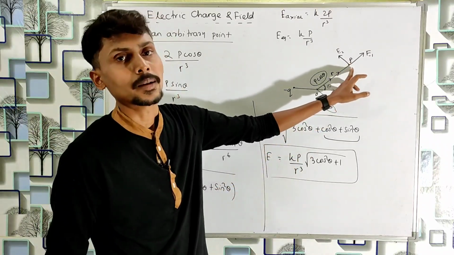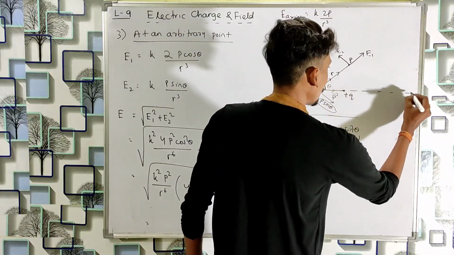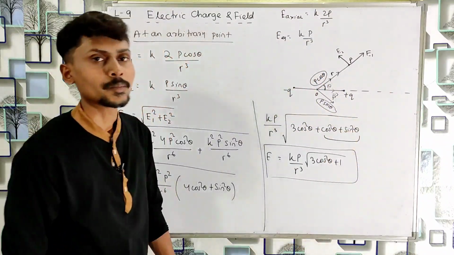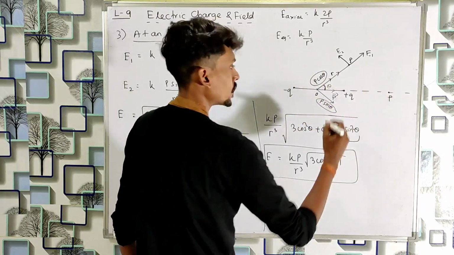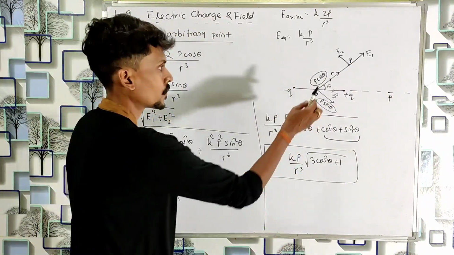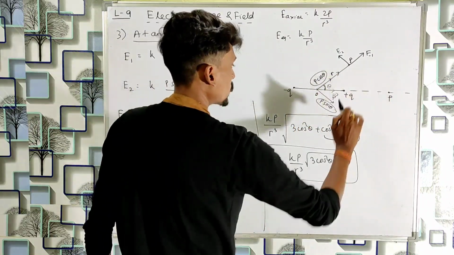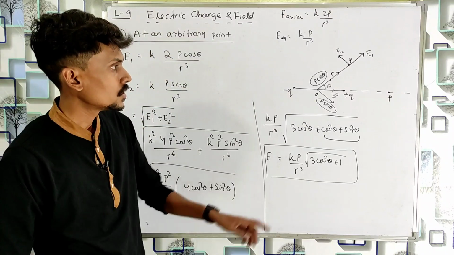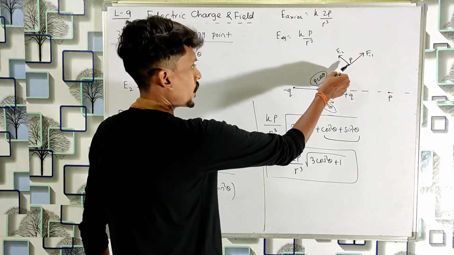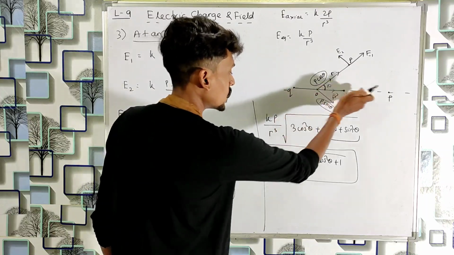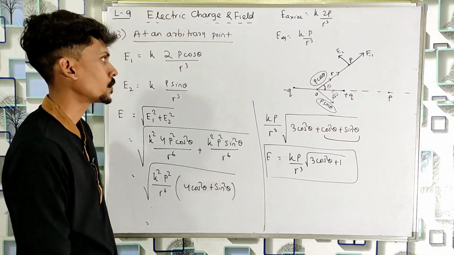If the point P lies on the axis of the dipole, somewhere here, then what will happen? The R vector will coincide with the axis, which means the angle theta will be 0 degree.